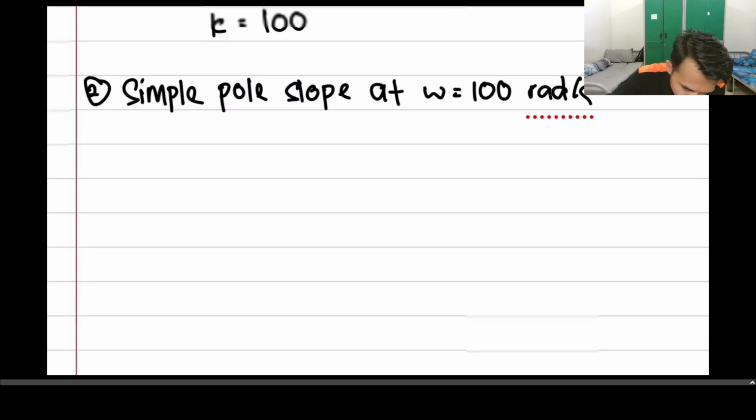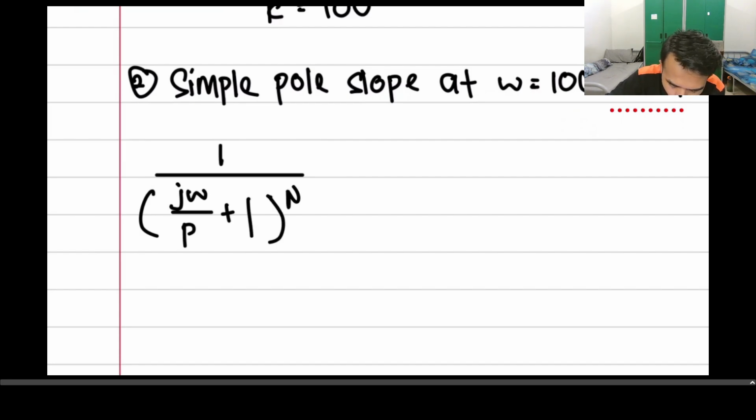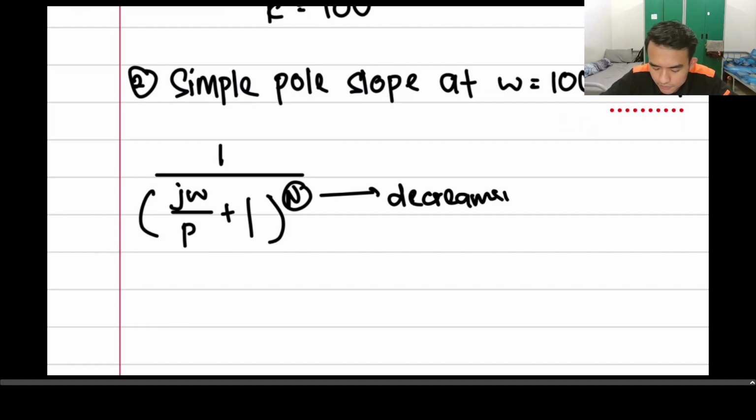The equation for a simple pole is 1 over, in brackets, jw over p plus 1, to the power of n. The power n here represents the decrement of the magnitude in dB.